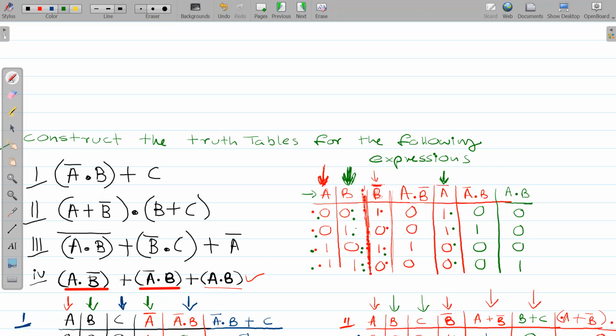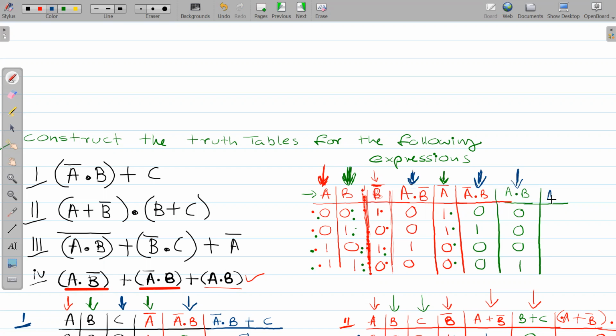Right. Then it's a matter of adding up the things. Right. So what are we going to add? We are going to add up this particular column plus this particular column and plus this particular column.